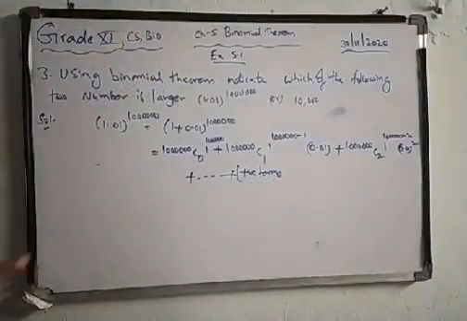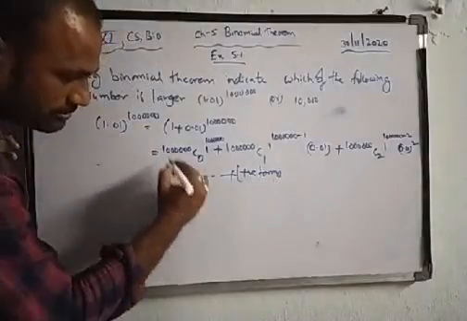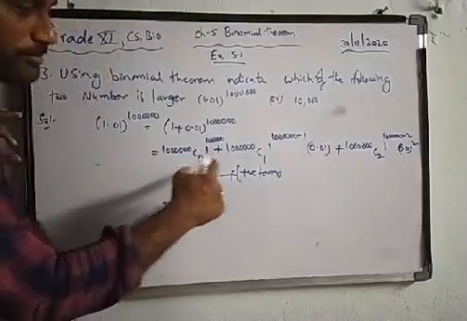There are a lot of terms. Anything to the NC0 value will be 1, and 1 to the power of anything will be 1. So this total value is 1.